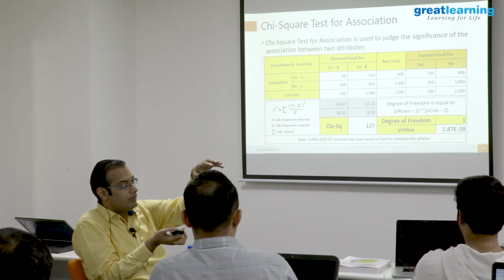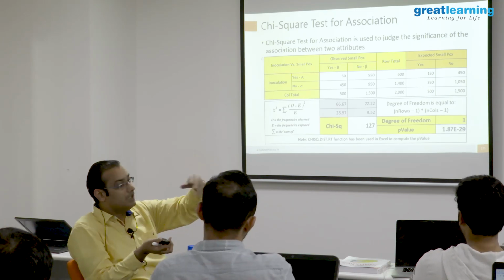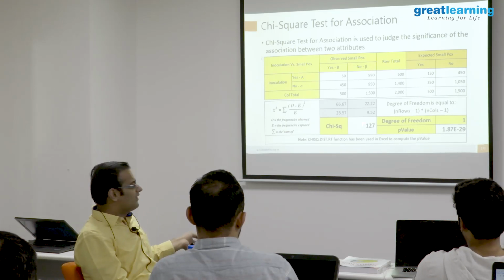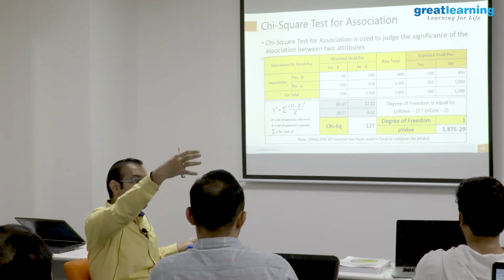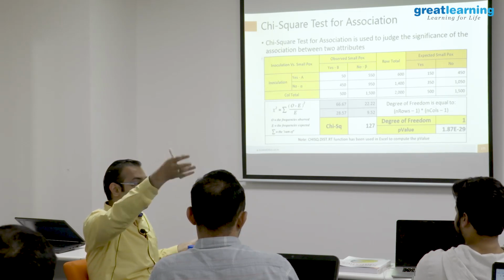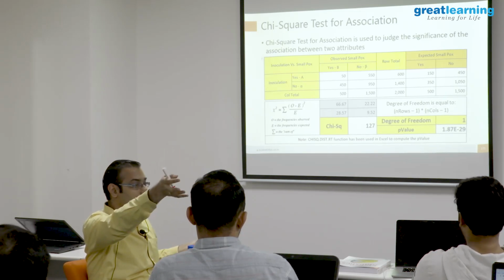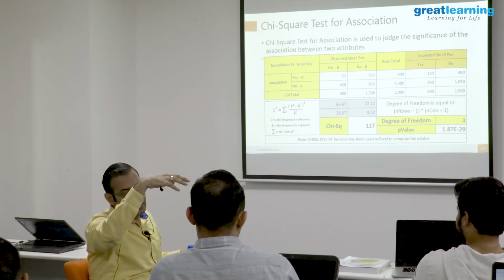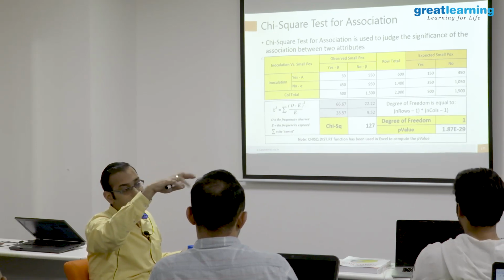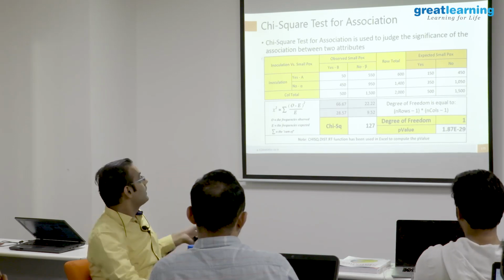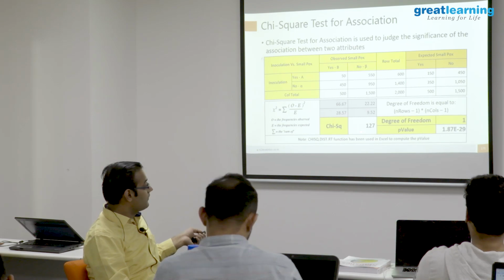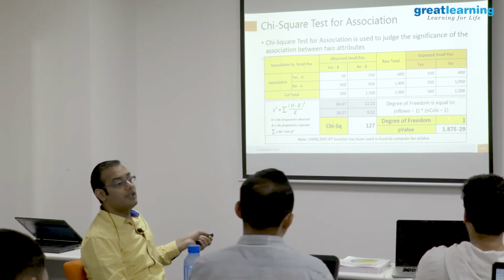Higher chi-squared value means there is a significant difference in observed and expected frequencies. So without going to the p-value, logically I can to some extent conclude that there may be a difference. But really it will be concluded based on the p-value only, because you have to see this with respect to degree of freedom.